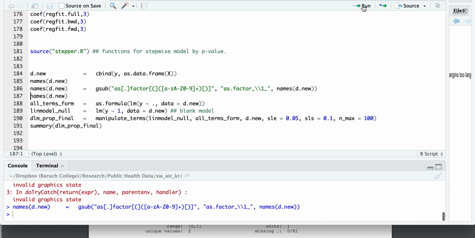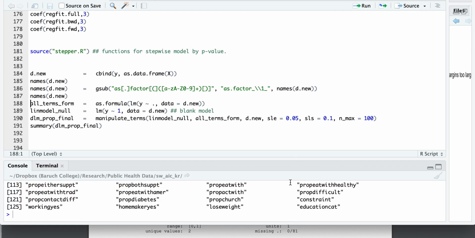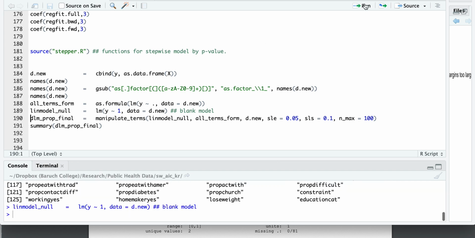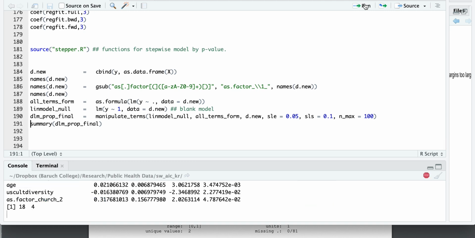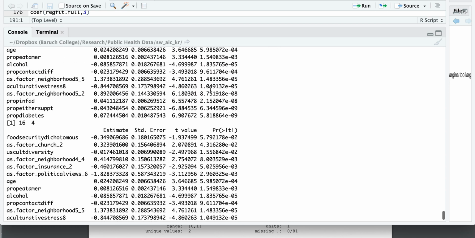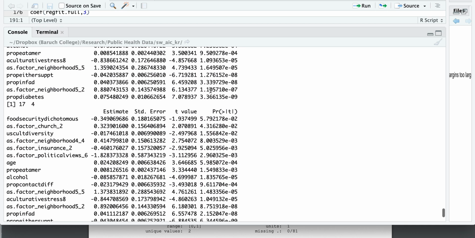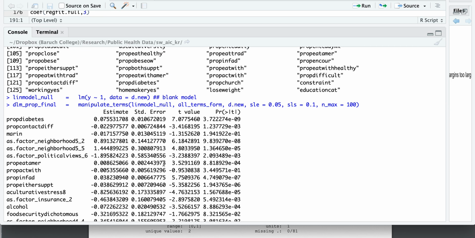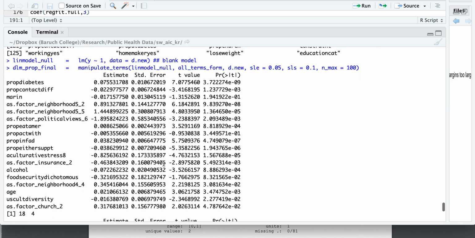So that's why we have these as factor now in this form. And here you can see, this is the full forward model, right?